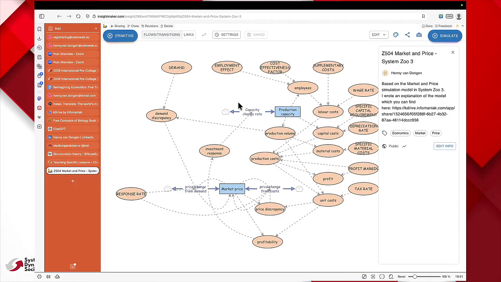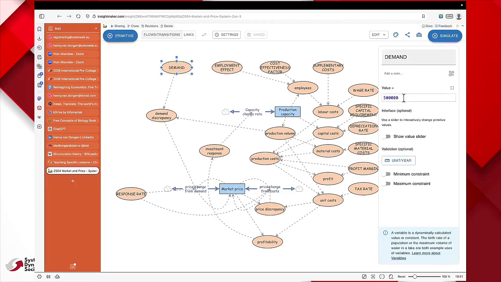But if I look at the demand side, which is this part of the model, then I see, hey, there's this demand, and that's the set value. So this particular model, and it was really nice to build it, but this particular model lacks reality, because demand isn't a set number. Demand is very much dependent on behavior.